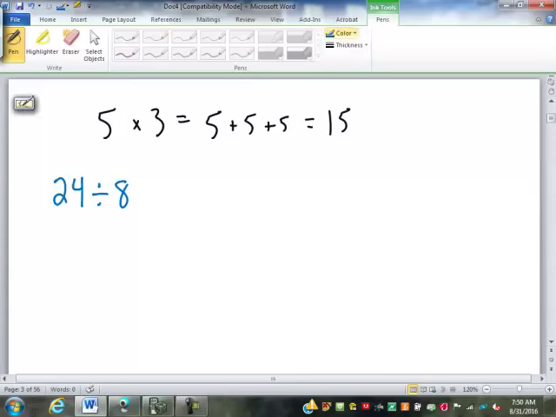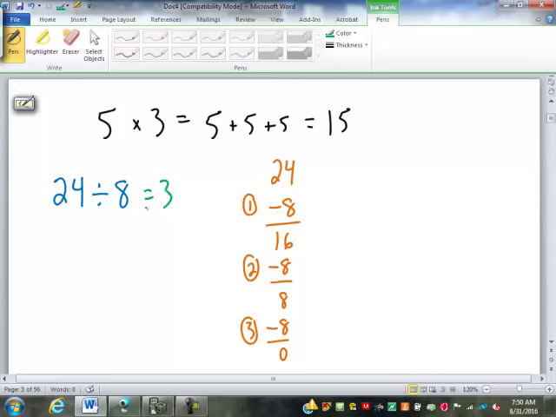If I have 24 divided by 8, that's asking me how many times can I subtract 8 from 24? I subtract it once, I get 16. Subtract it again, I'm at 8. Subtract it again, I'm at 0. I subtracted 8 1, 2, 3 times. So 24 divided by 8 is 3, because we can subtract 8 from it 3 times.